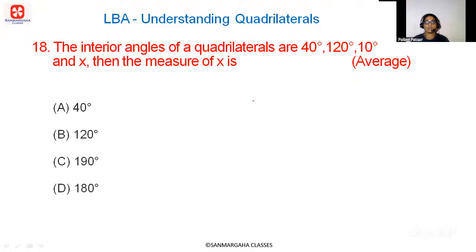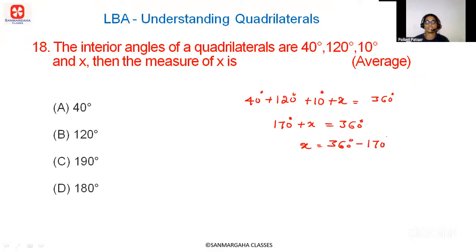So we have 40 degree plus 120 degree plus 10 degree plus x. Sum of the angles is equal to 360 degree. Okay. So 40 plus 120 plus 10, this is equal to 170 degree plus x is equal to 360 degree. So x is equal to 360 degree minus 170 degree.